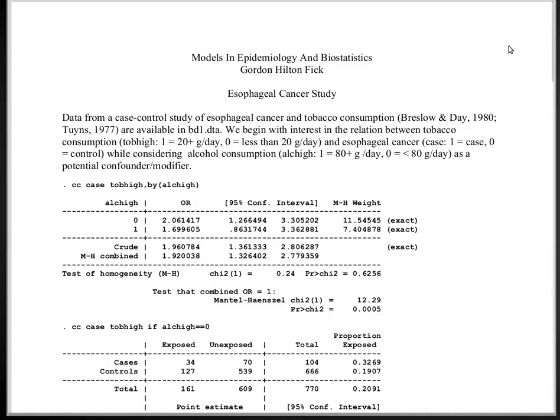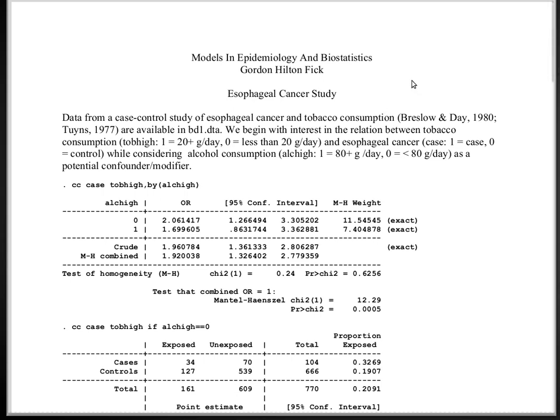All right, let's take a look at a second example from Breslow and Day's book on case control studies. This particular example starts on page 213 in Breslow and Day. And we can see here that the objective of this case control study was primarily esophageal cancer case control and tobacco consumption.